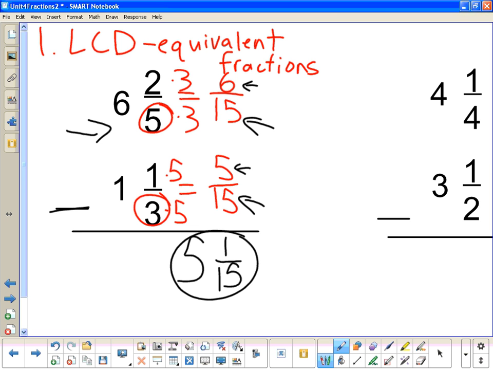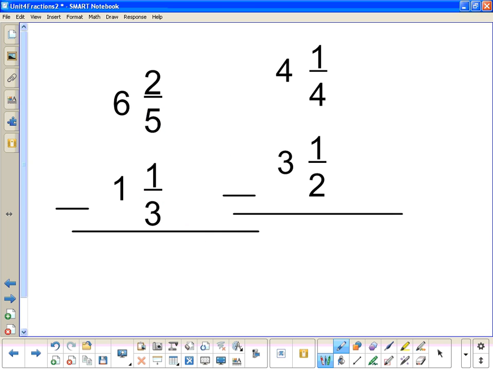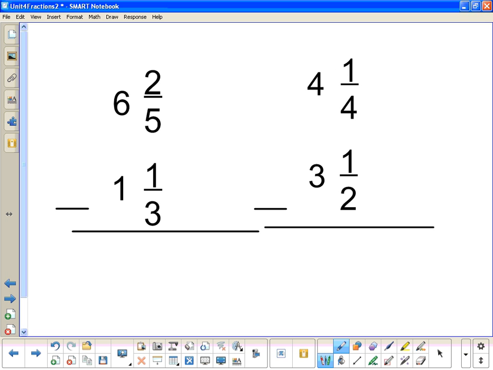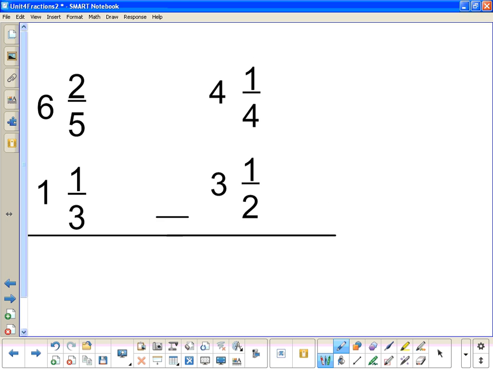Okay, let's try one where we actually have to borrow. Let's do this next one. 4 and 1/4 minus 3 and 1/2. Let's give it a try. First thing that I notice is that my denominators, 4 and 2, are not the same.